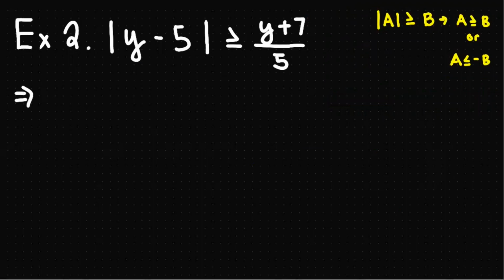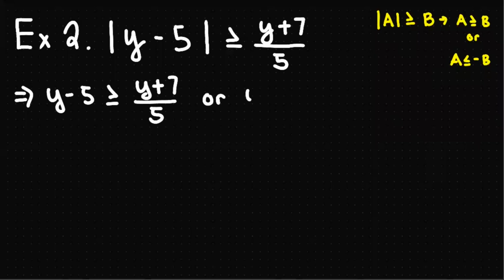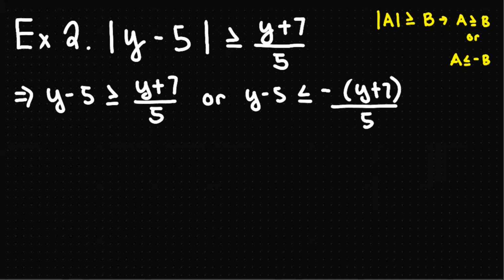We split the absolute value into two, so we'll have y minus 5 is greater than or equal to y plus 7 over 5, or y minus 5 is less than or equal to the negative of this, so negative, let's put a parenthesis here, y plus 7 over 5. And we solve these inequalities one by one.